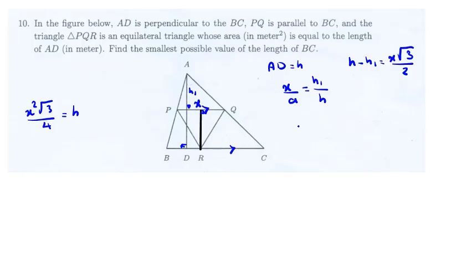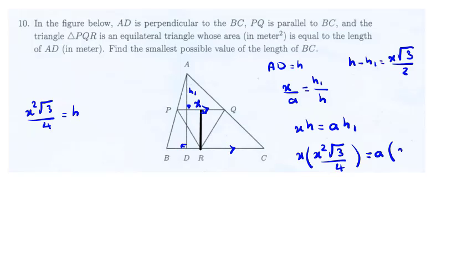So if we cross multiply, xh equals ah1, you can replace h with x squared root 3 over 4, and then we can say it is equal to a times h1. And h1 is h minus this part.